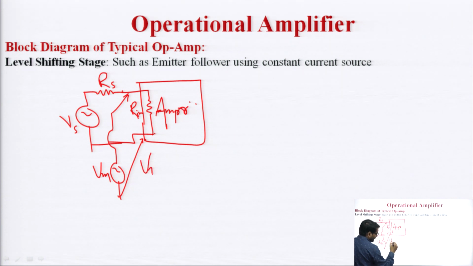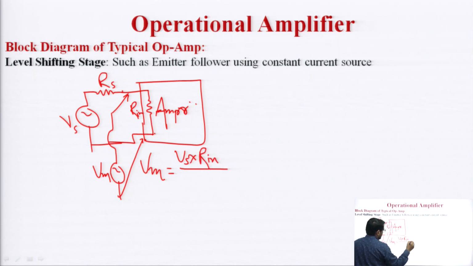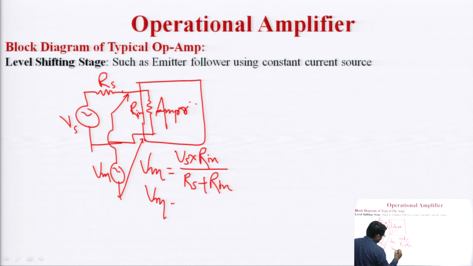Then we get Vm equal to Vs times Rin divided by Rs plus Rin. If we solve this, Vm equals Vs divided by 1 plus Rs by Rin.